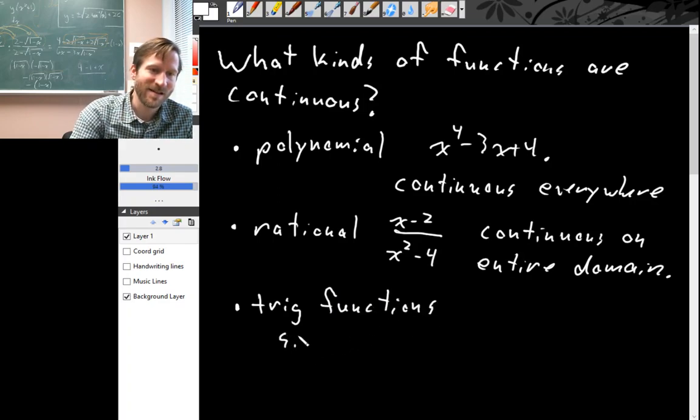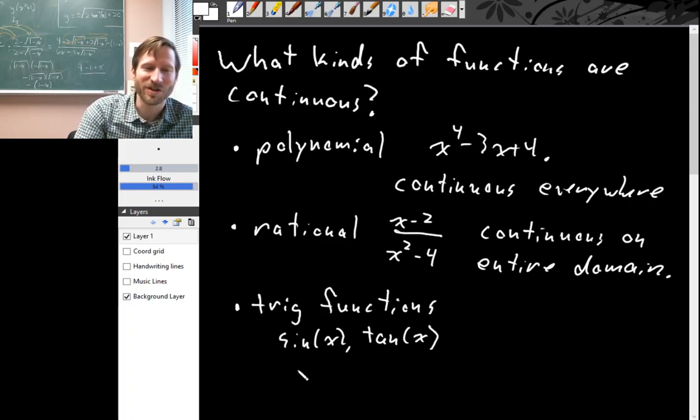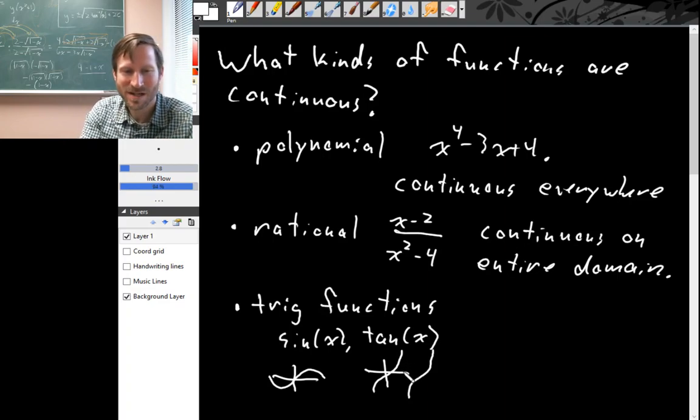Like, say, sine or tangent, all of these guys. Well, if you imagine the graph of trig functions, so for example, sine, that's the one that looks like this, and tangent, that's the one that looks like this. They're always nice unbroken curves, except where there's a hole in the domain, right?